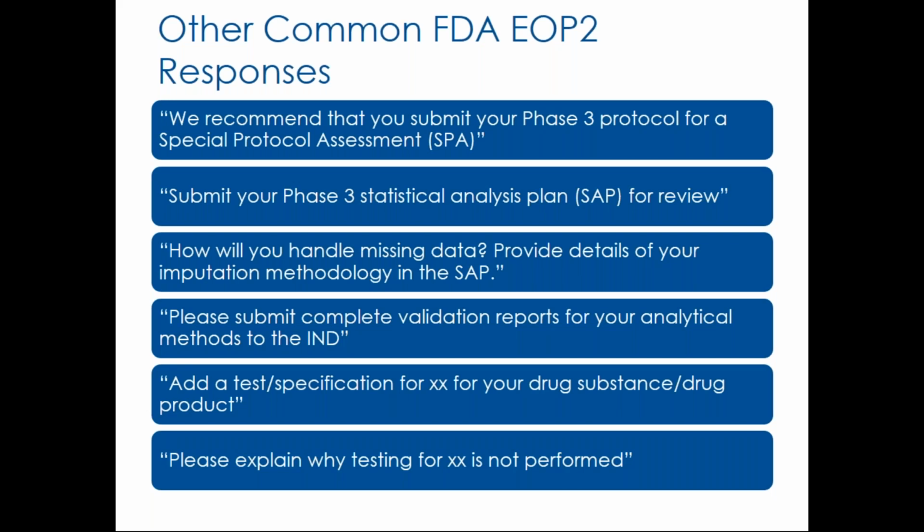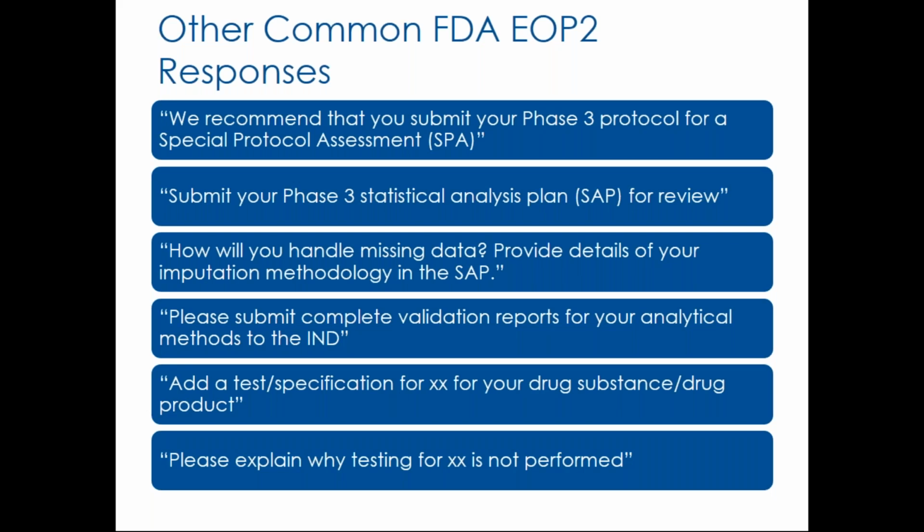You don't necessarily have to include the full statistical analysis plan in the end of phase 2 meeting package, but your protocol should make it clear enough to FDA what the statistical analysis plan is if you're going to get agreement on the design and move forward into phase 3. Kevin talked about missing data.